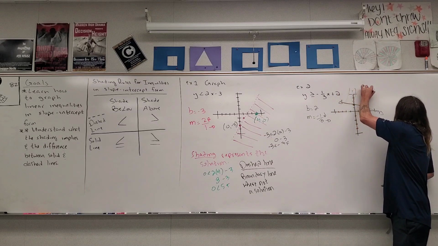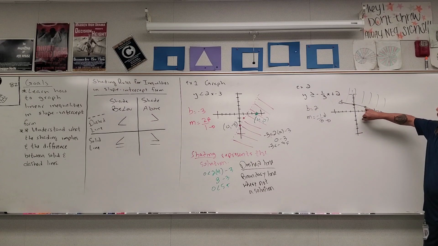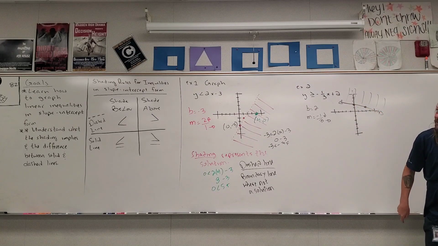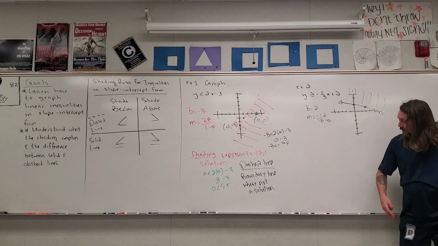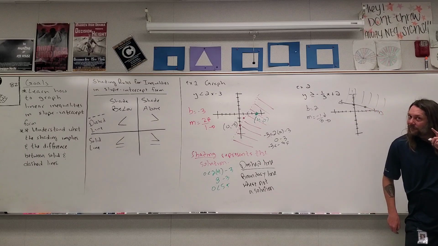So again, we saw that the shade is the solution, but I want to talk about the boundary line here. This point is 3, 1. Now, you can be strategic where you pick your x values. I'm going to use this point to show you the difference between a solid line and a dashed line. A solid line is a boundary line where we have a solution, so the line is inbounds. So it's like soccer. If you're on the line, you're still in the playing field. So this boundary line represents solutions.